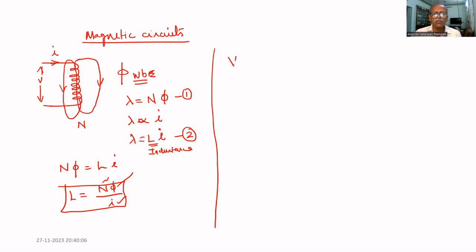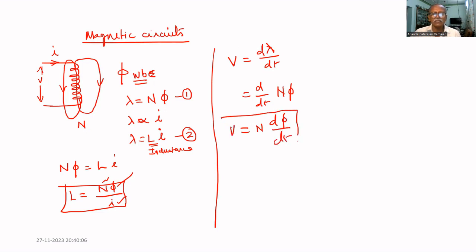That is V equal to d lambda by dt, which is equal to d by dt of N phi, that is equal to N into d phi by dt. That is the voltage across the coil V, due to the rate of change of flux.